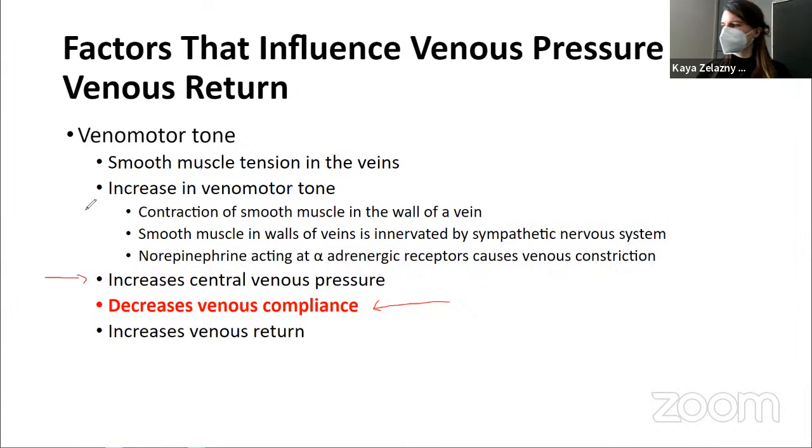Overall, we want to number what's going on because sometimes that's helpful. So we have the sympathetic nervous system releasing norepinephrine, as received by the alpha adrenergic receptors in the veins, in the smooth muscle.